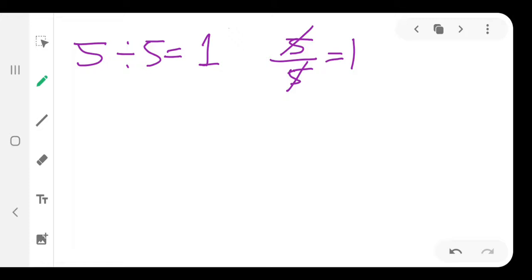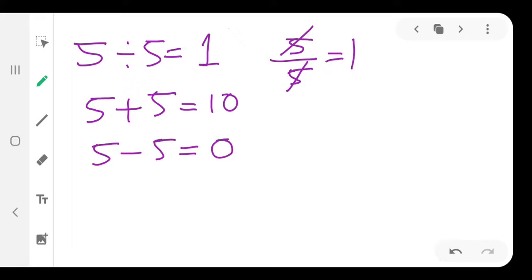Now also we know that if I have 5 plus 5, I'll get 10, but also 5 minus 5, I'll get 0, right? Like 6 minus 6, I'll get 0. And again 7 divided by 7, I'll get 1.